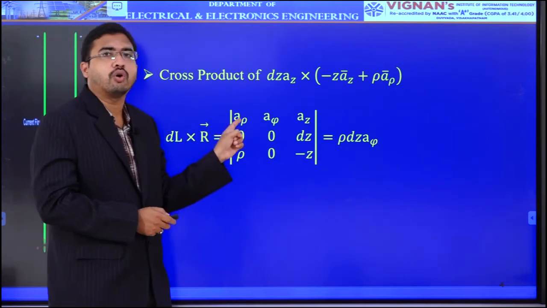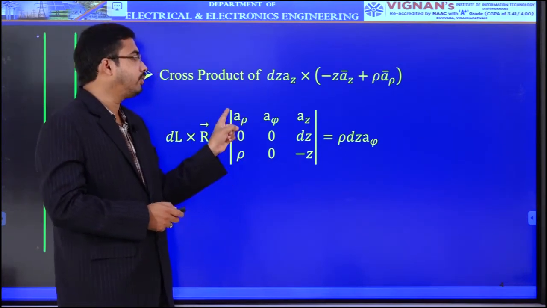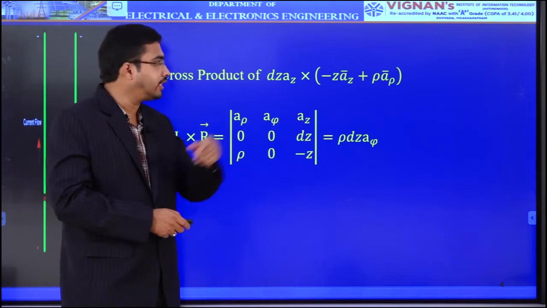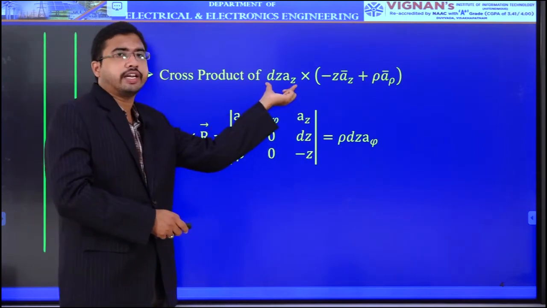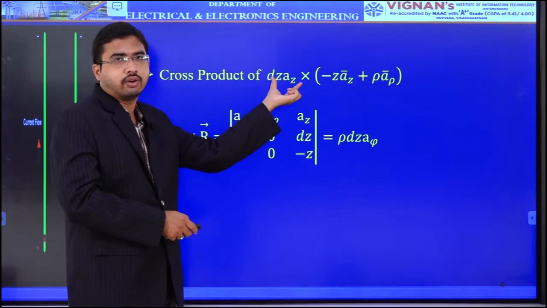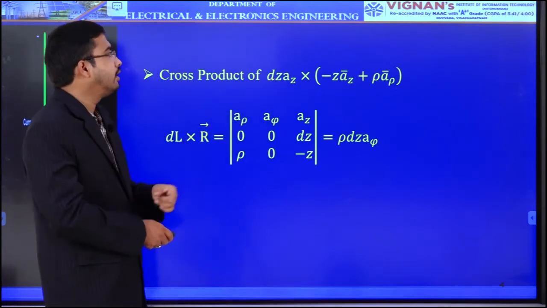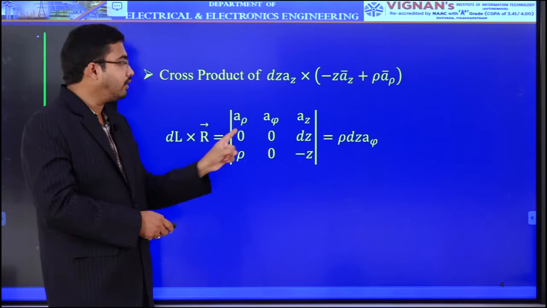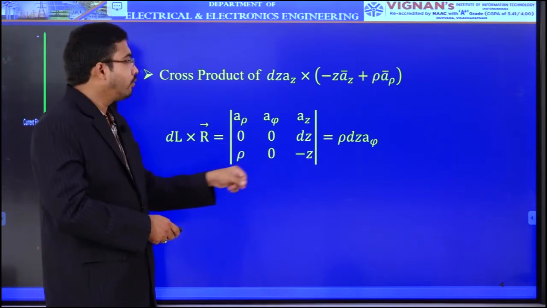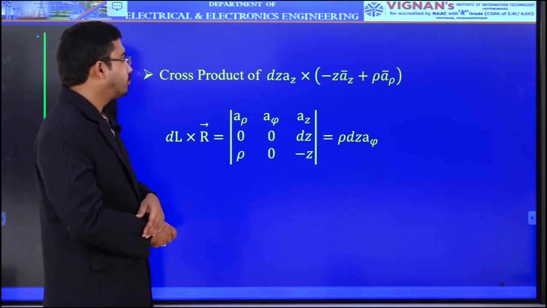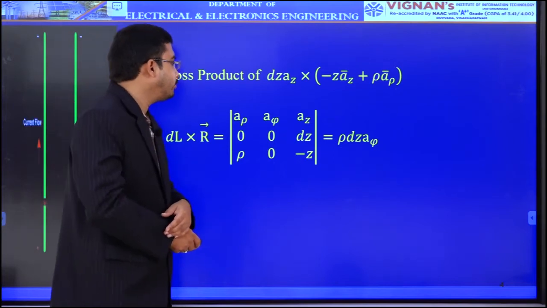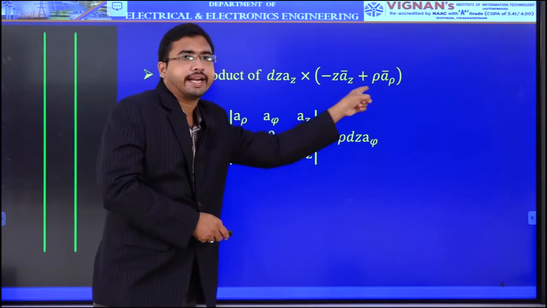That means what are the coordinates for cylindrical system? a rho, a phi and az. Next, what is the first vector? dz az. Okay, first vector is dz az. So only the z term is present. First two terms are 0. So next, what is the second vector?